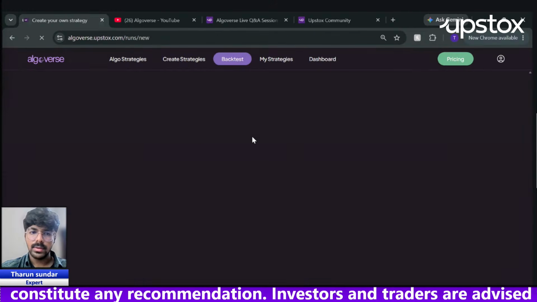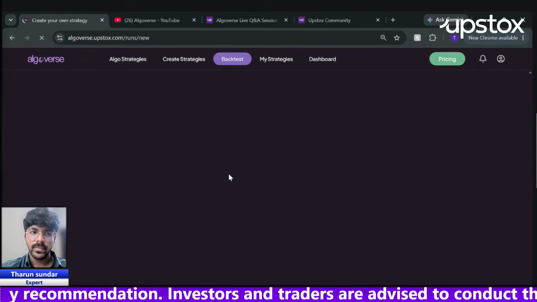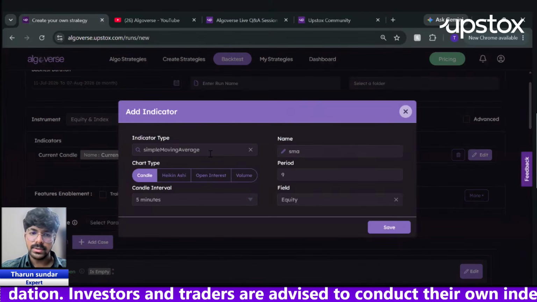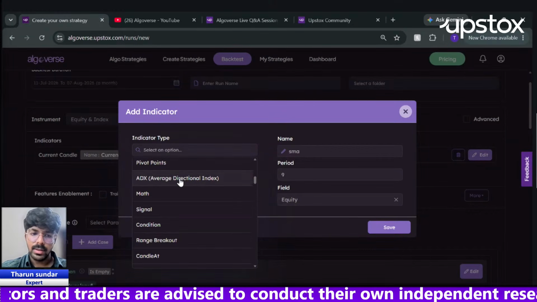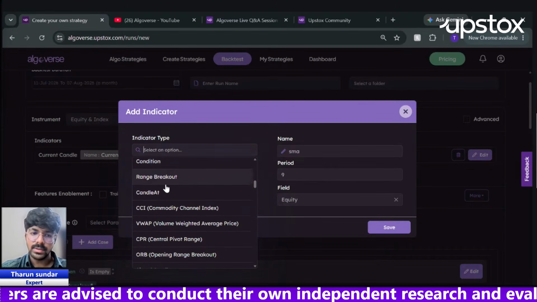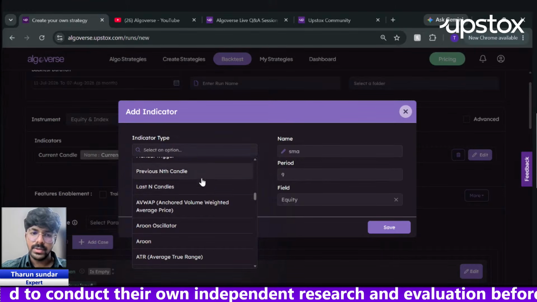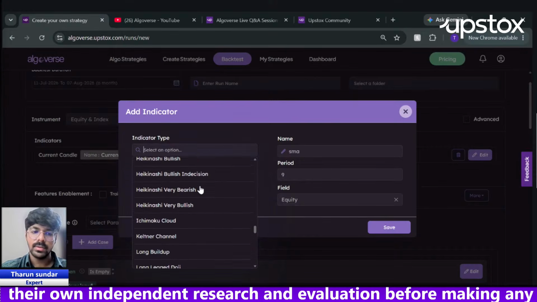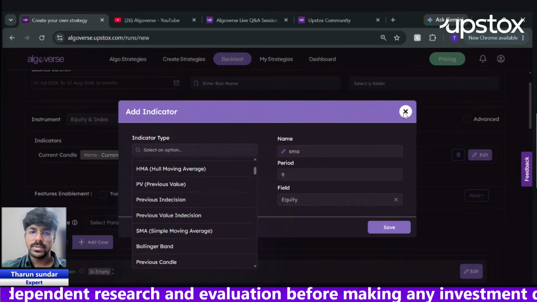We have literally 85 plus technical indicators and analytical tools, based on which we'll be having many more sessions in the future, explaining what the different indicators are, what the different functions are, such as the math function, the signal function, the range breakout, or the difference between the previous candle and the last 10 candles, and how to create different setups with all the indicators that are available. So do stay tuned for that.